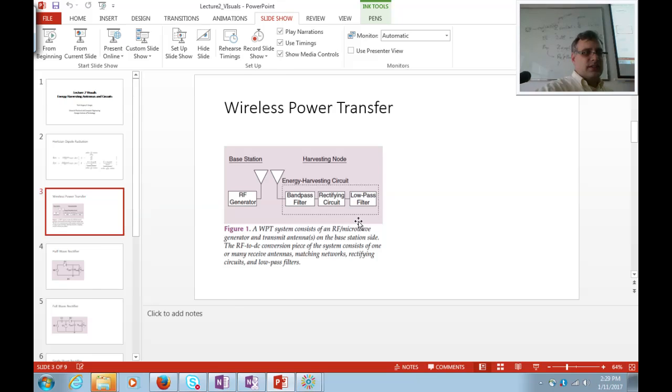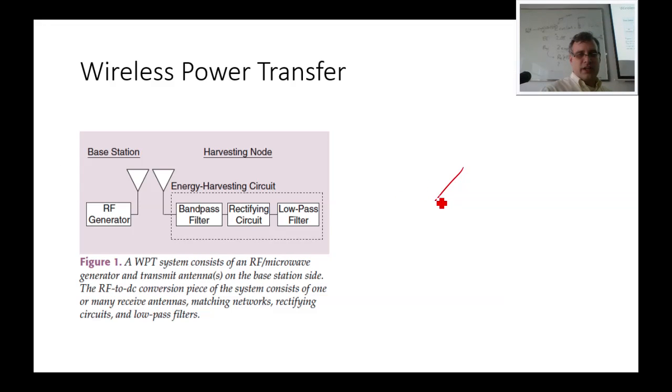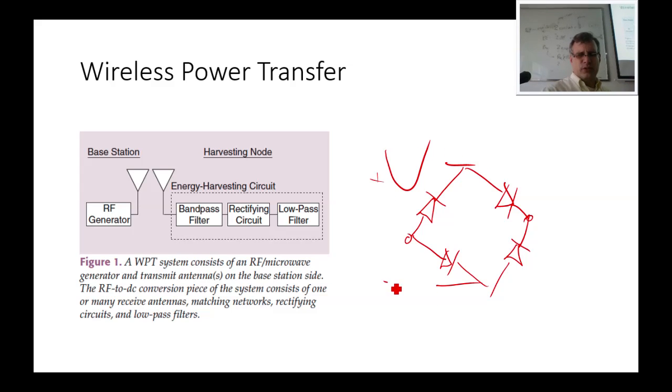Let me reset this. Then for the other direction, the other direction is nice because in the negative swing, it's the opposite. The diodes that were on, when you have a bottom swing coming through, negative voltage across the AC inputs, then this diode turns off, and this diode turns off.